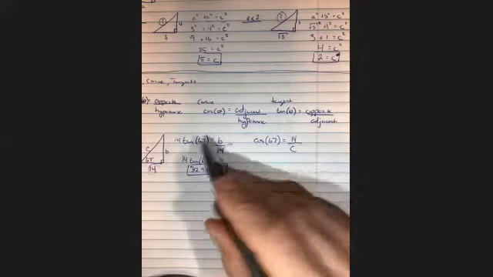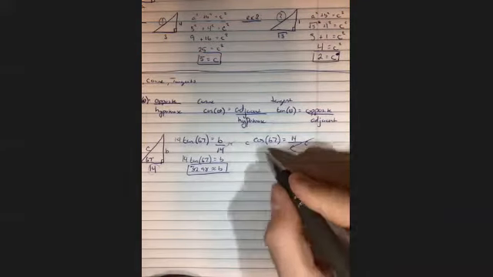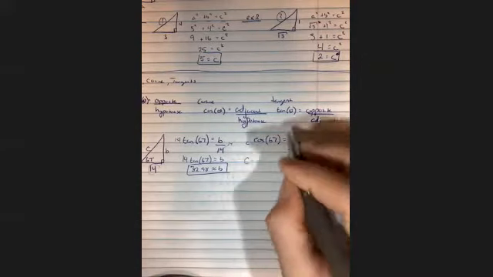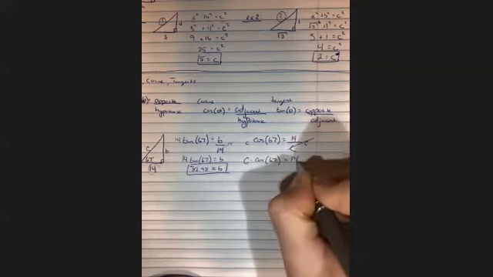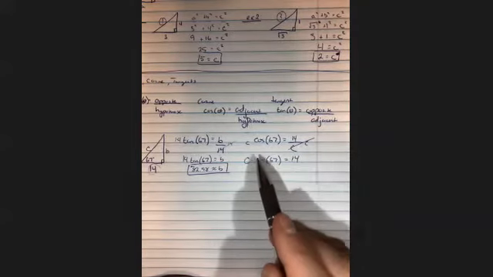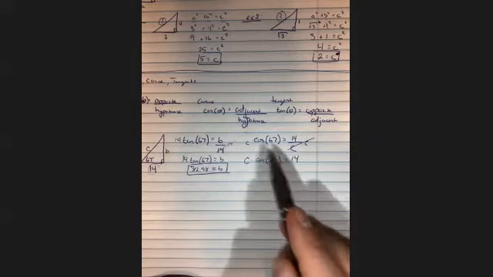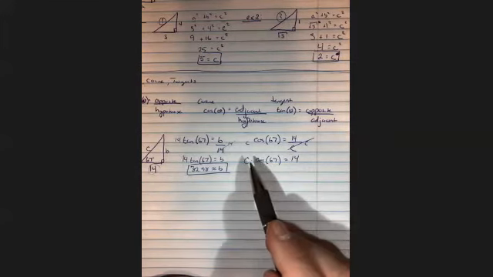Now I can cancel out this fraction by multiplying both sides by c, which gets rid of the fraction. So I have c times the cosine of 67 is equal to 14. But I didn't actually solve for c there. I just moved it. So now what I've got to do is move this over there. How do I get rid of multiplication? I divide.